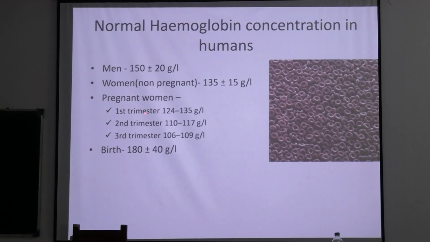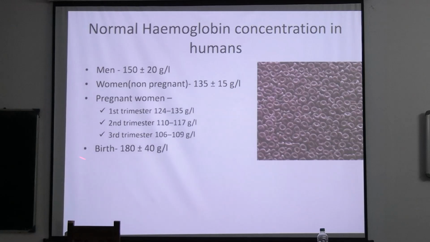In pregnancy, the hemoglobin level drops because pregnancy is a negative iron balance situation. So, there will be gradual drop of hemoglobin, and in babies the hemoglobin level is very high.